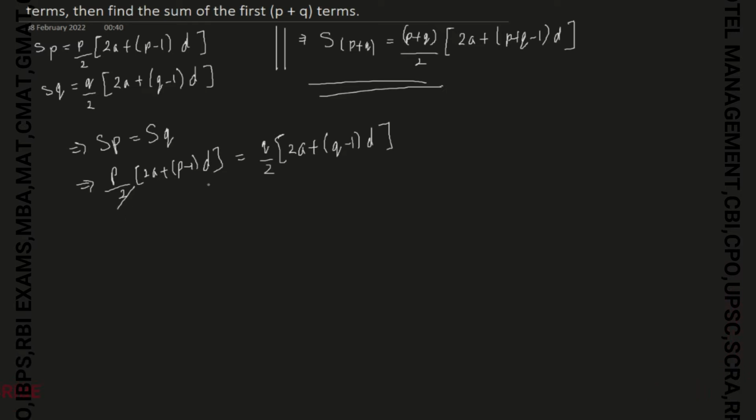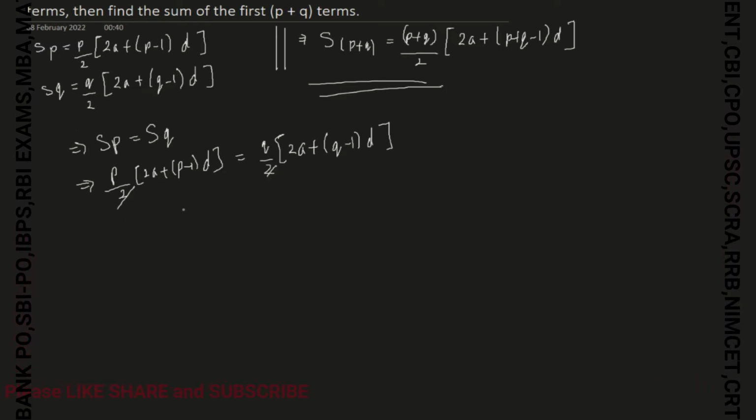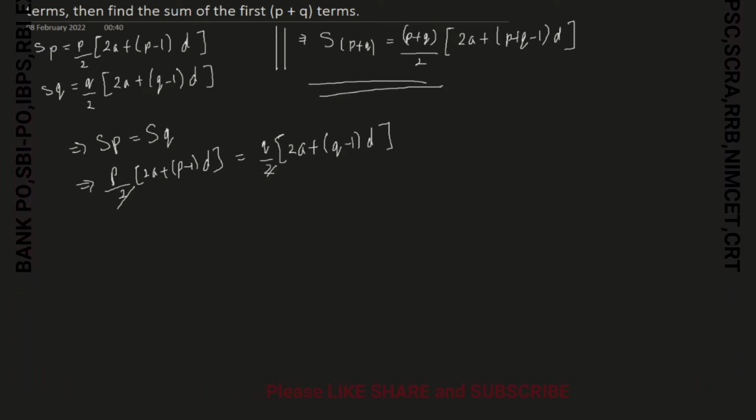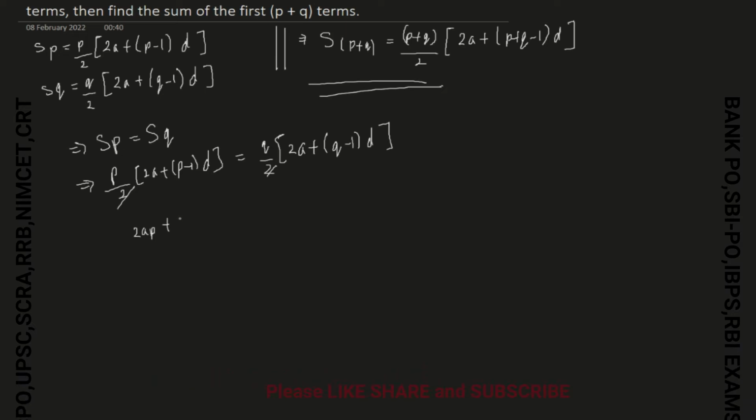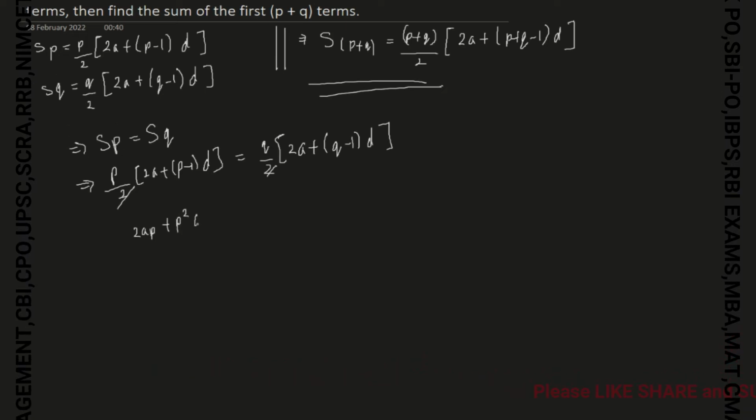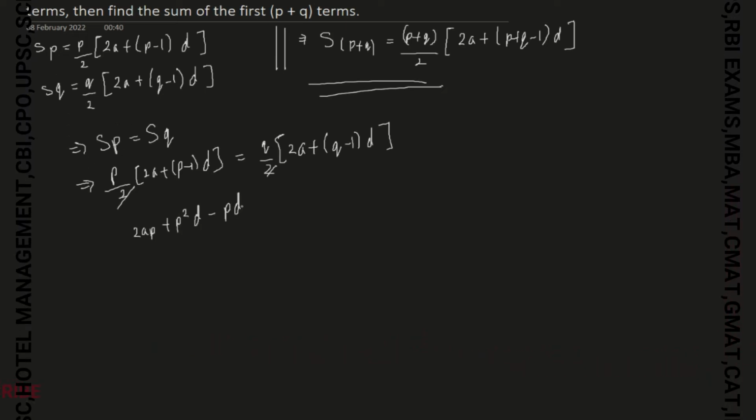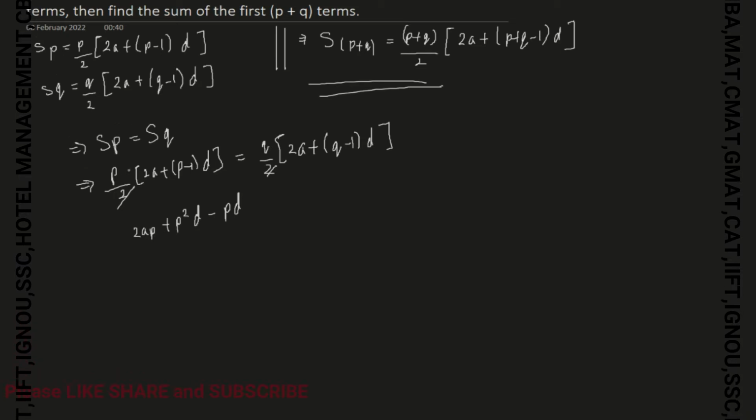So the 2 and 2 are constant, so we can cancel that. Let's do the multiplication of this P inside, and Q is also in the RHS. So 2AP plus, if you write, P square into D minus PD. Let me explain.